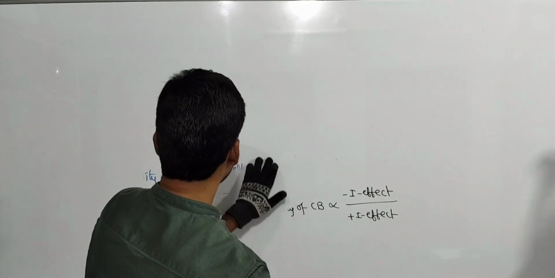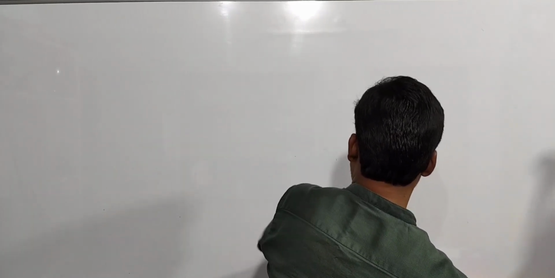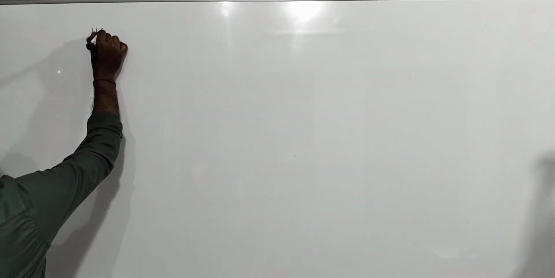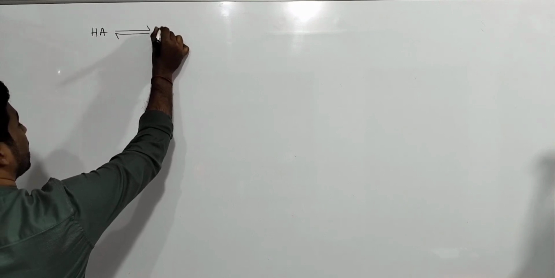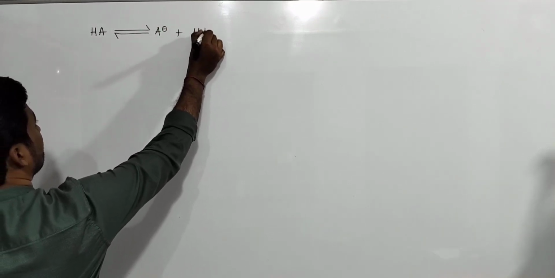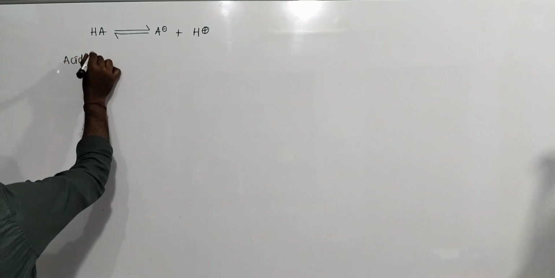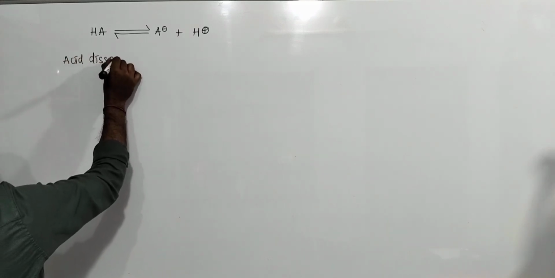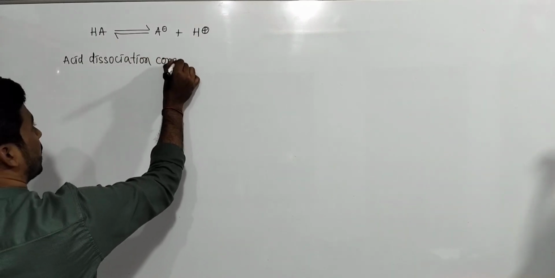In such cases, HA is an acid that gives A minus ion, the conjugate base, plus H plus ion. Acid dissociation constant.